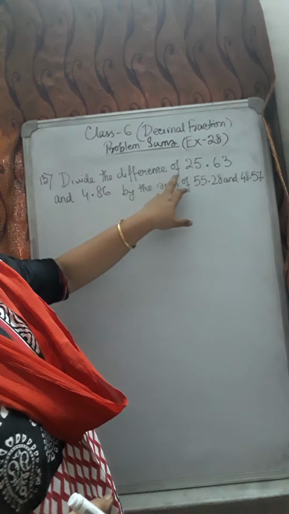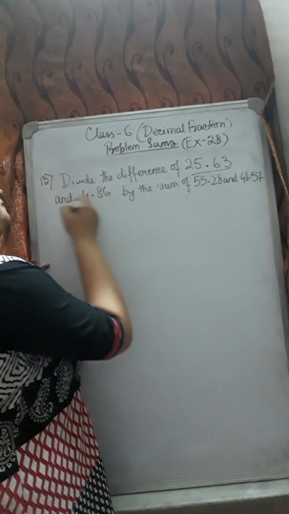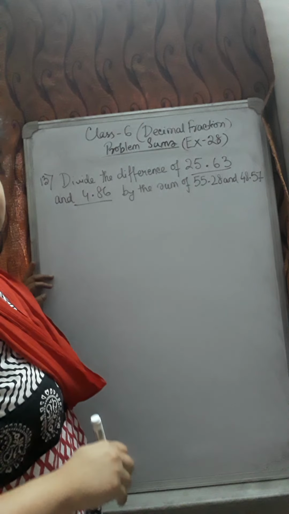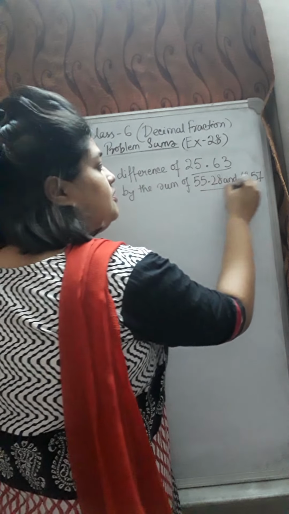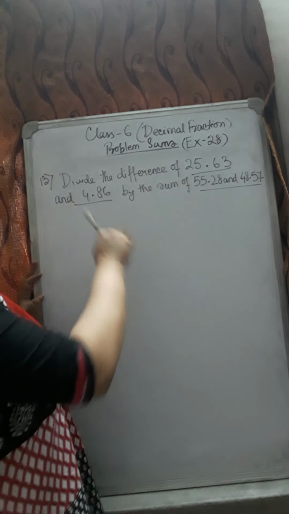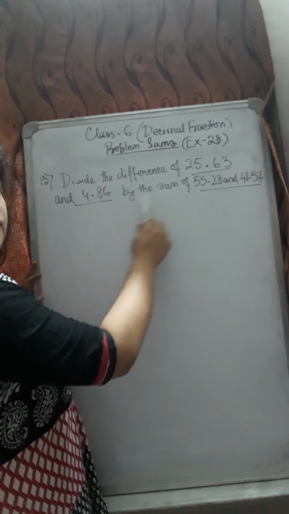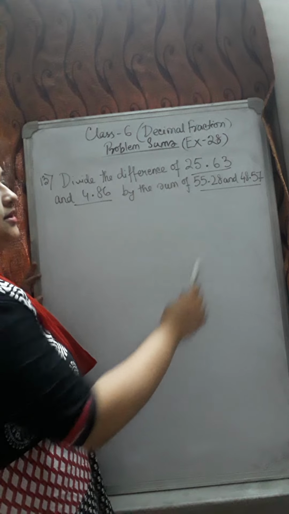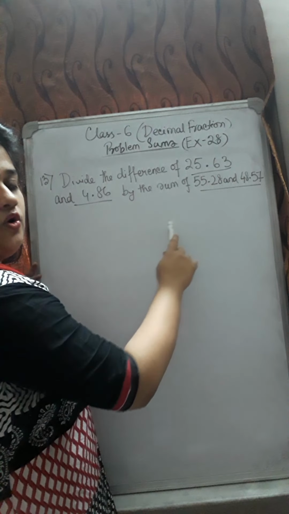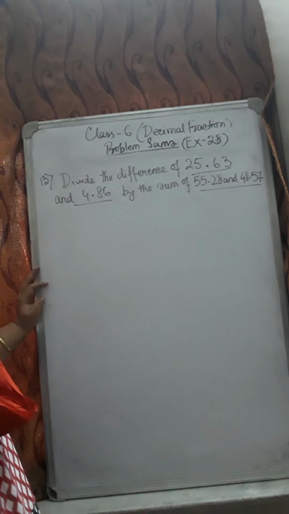You have to first find the difference between these two numbers, and then find the sum of these two numbers, and after that divide the result of the difference by the sum total of the two decimal numbers.